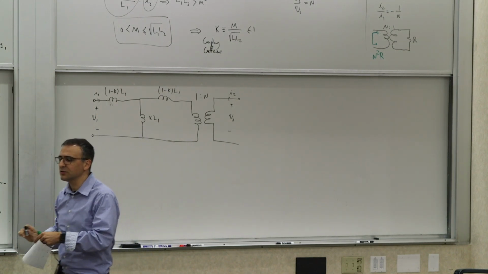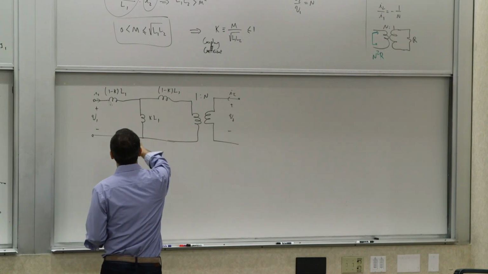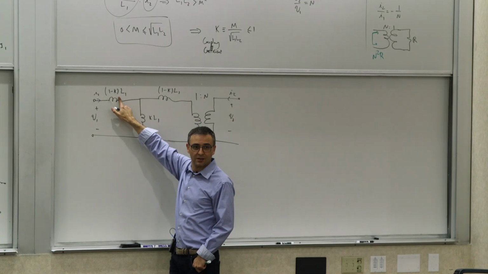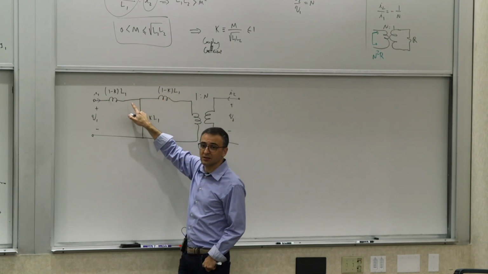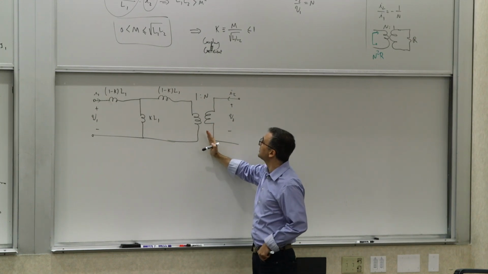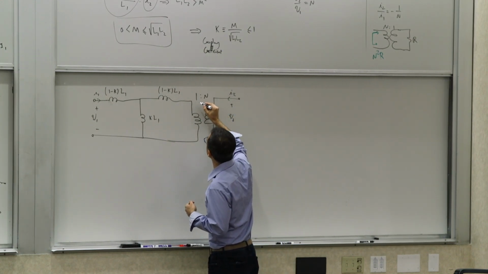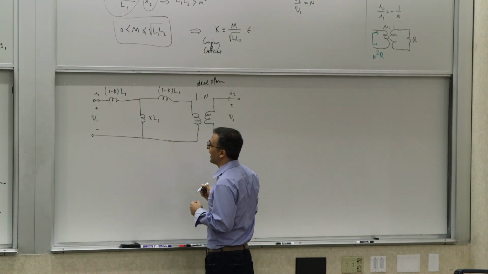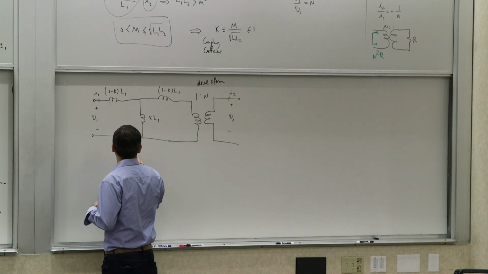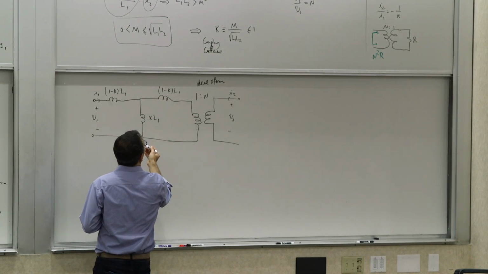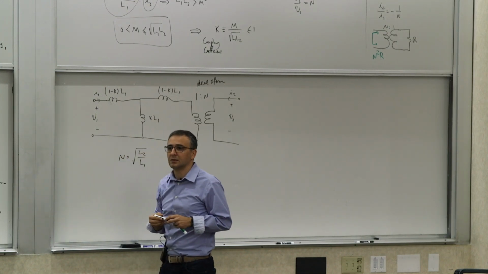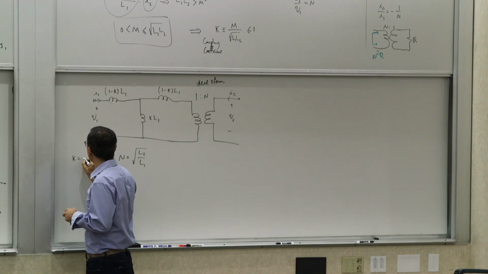You can model a general transformer as a T model defined with only two parameters, K, which is the coupling coefficient, and L1, which is the inductance of the primary, and an ideal transformer with the turn ratio of 1 to n, where n is defined as the ratio of V2 and V1, which is the square root of L2 over L1. And K is m over the square root of L1 L2.